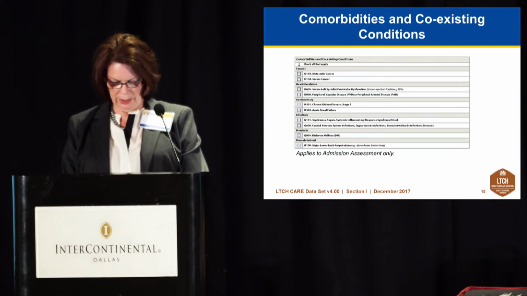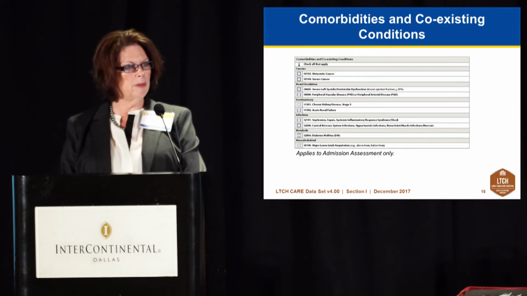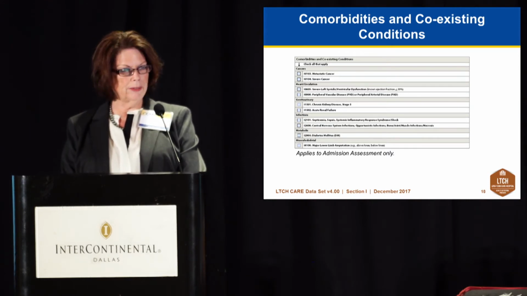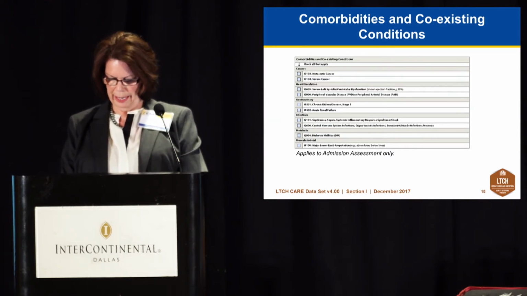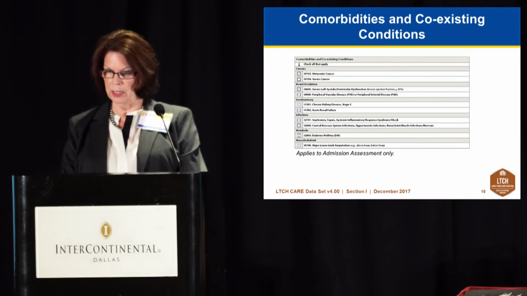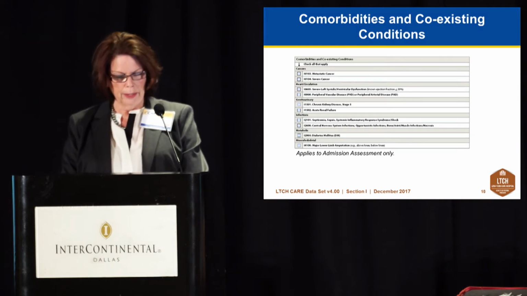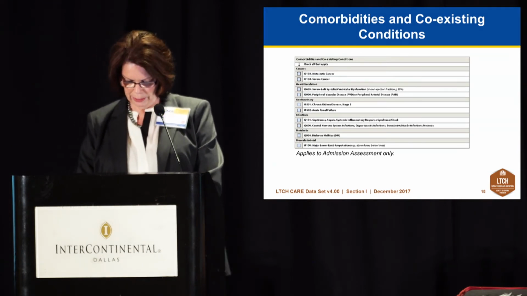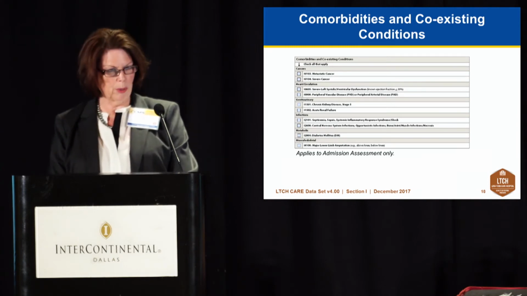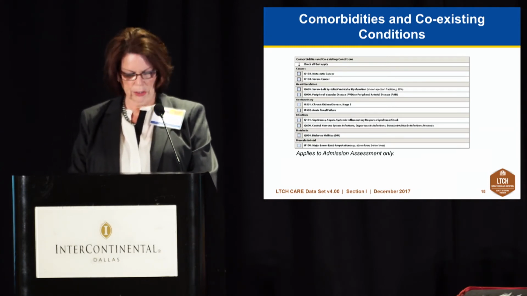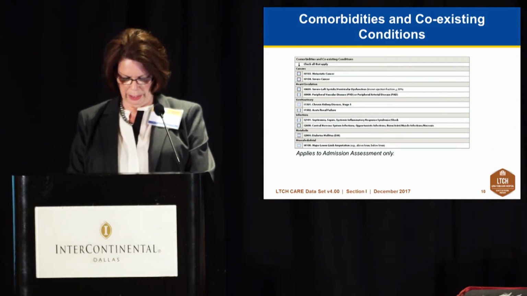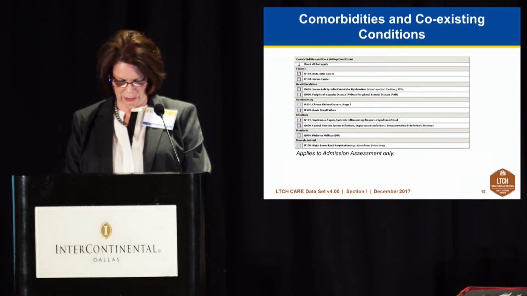You should code diseases or conditions that have a documented diagnosis at the time of the assessment and are active and, as previously stated, have a direct relationship on the patient's current functional, cognitive, mood or behavior status, etc. The expanded list of comorbidities and coexisting conditions comprise cancers, heart, circulation, genitourinary, infections, metabolic, and musculoskeletal.